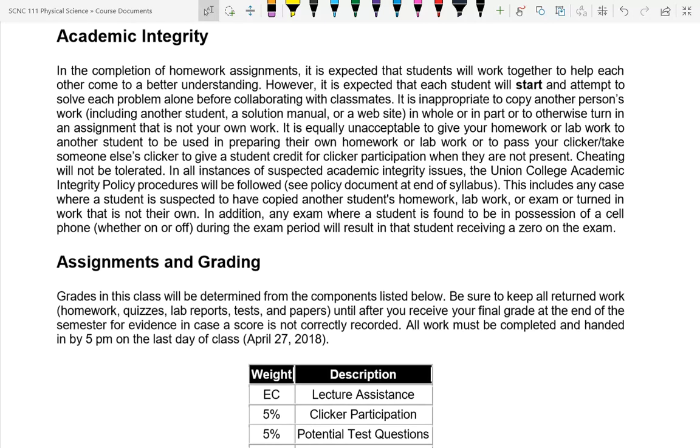Is it dishonest for the friend to help you? No, that's not dishonest either. That is just using a resource to help you learn. Help you learn is the key aspect here. Now, what if your friend says, oh yes, here's the solution? That's where we have a problem. Because if the friend explains it to you and you're receiving the information and processing, that's good. But if they just give you the paper, then they have said, here, go ahead and copy, whether that's what you do or not.